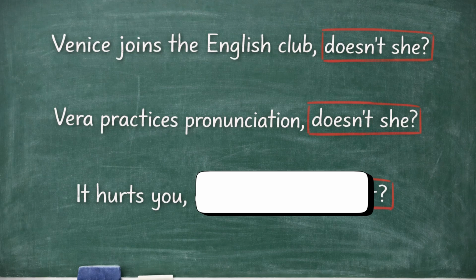Because again, Vera practices pronunciation is a positive base statement. So the tag question, according to the rule, should be negative. And so we've got, doesn't she? Vera practices pronunciation, doesn't she? Or does she not? All right.